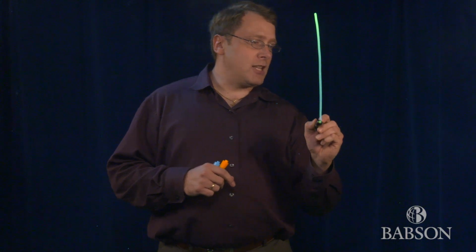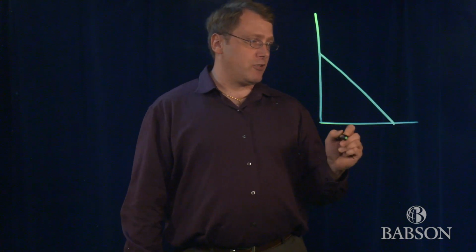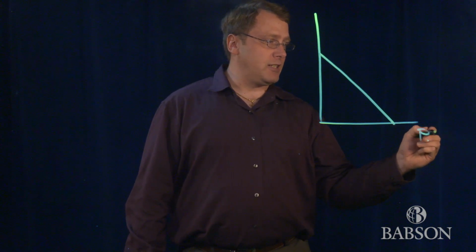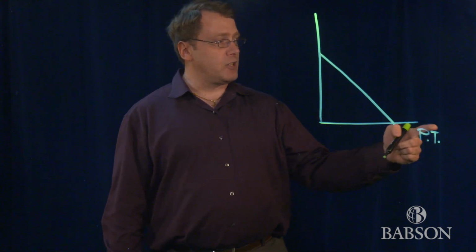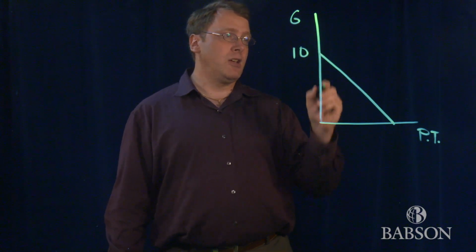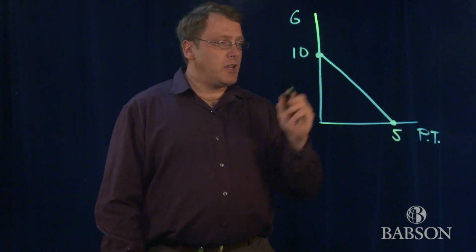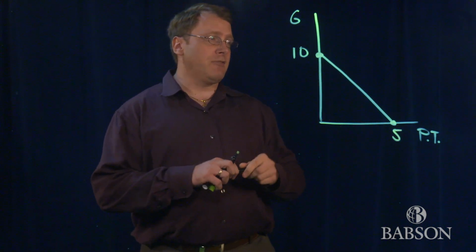So what we saw last time is that we have a budget constraint, and that budget constraint is the constraint on the Pop-Tarts and granola that we can afford. So remember, this was 10 and this was 5. And then from there, we looked at an indifference curve.